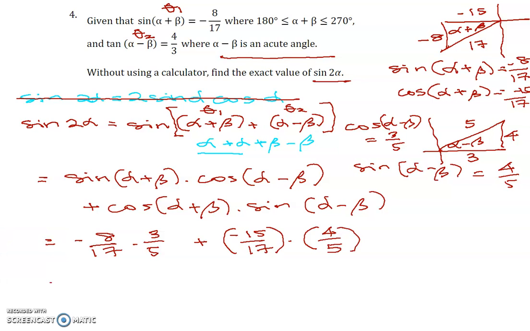When we simplify, double check again: 8 times 3 is negative 24, and 15 times 4 is negative 60. So that should be negative 84 over 85. So that is the answer.